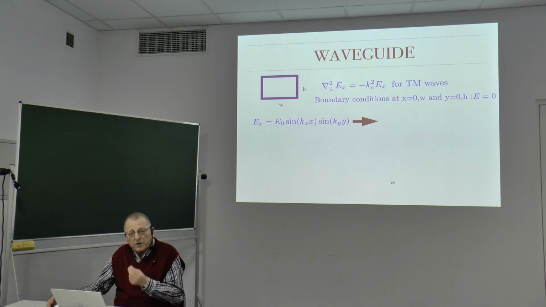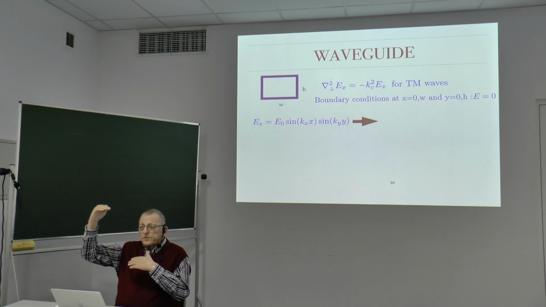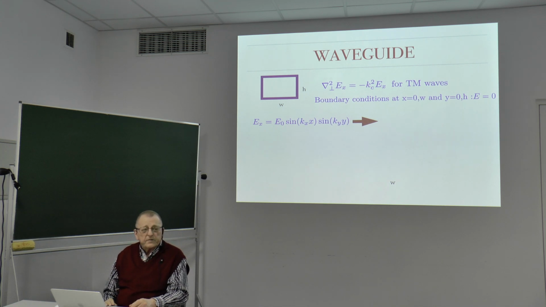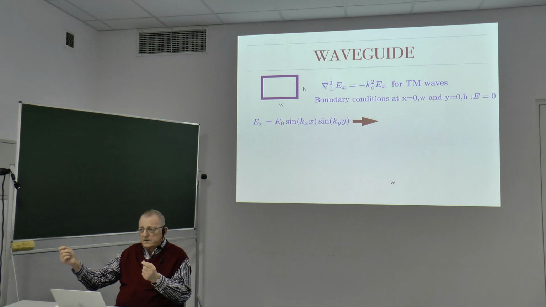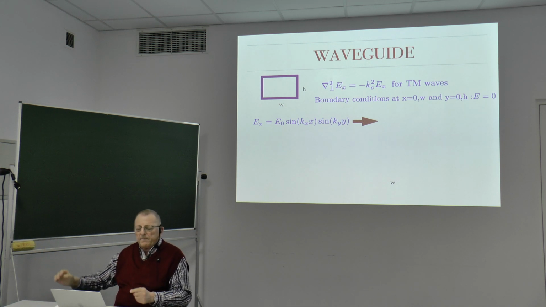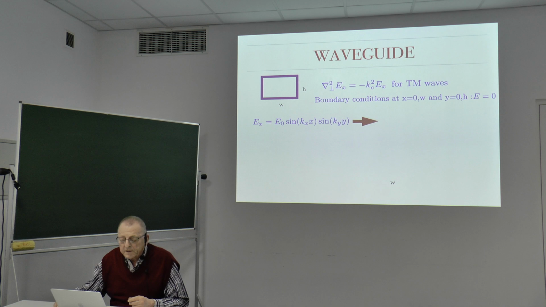Because it has to vanish on the walls, the sine function in each direction has to vanish on the walls. A sine, as you remember, vanishes when the argument is 0 or pi. Well, actually 2 pi and so forth, but it repeats periodically. Therefore, we can immediately solve for the wave vector components kx and ky.